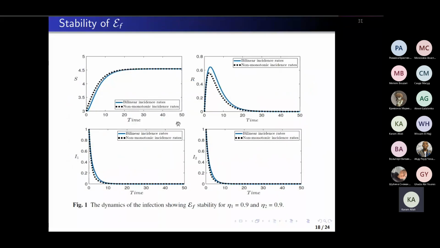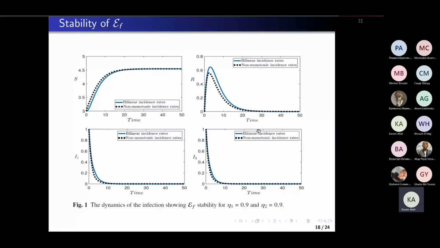So here I have chosen to change the value of the therapy. Here, we take the therapy to be 90% efficient against the infection.